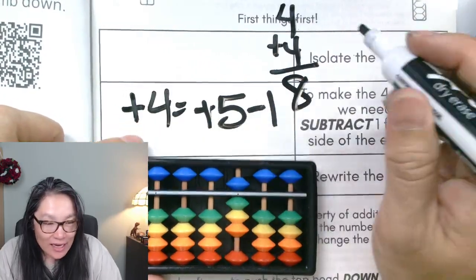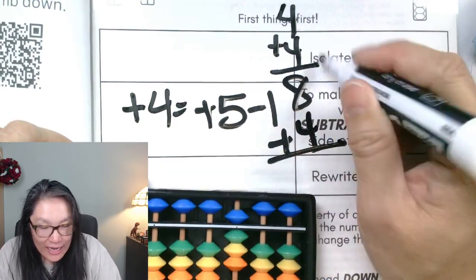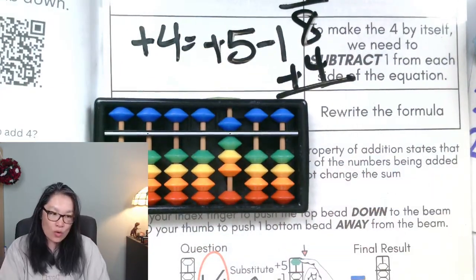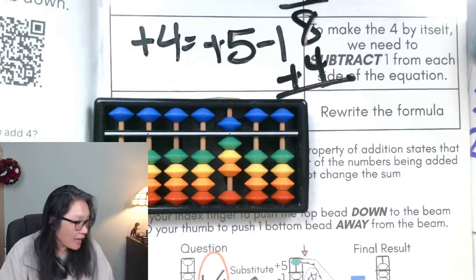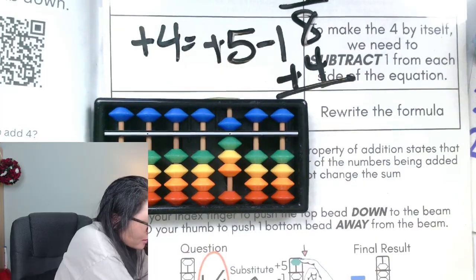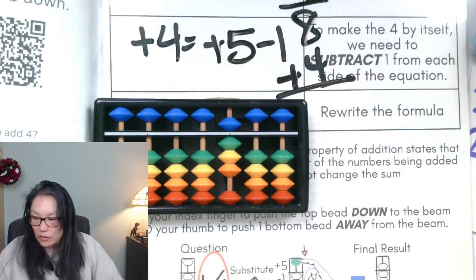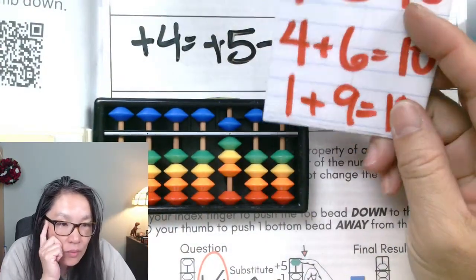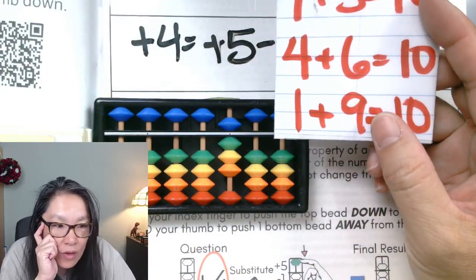We have 8, and then we want to add another 4. 8 plus 4 is what? Can we add a 5? No, we cannot add a 5. What is the next thing we need to do? Well, to make a 10, we know that we have to plus the 4 and 6.